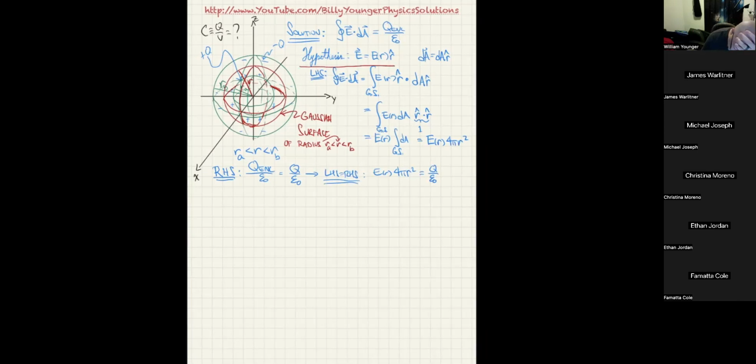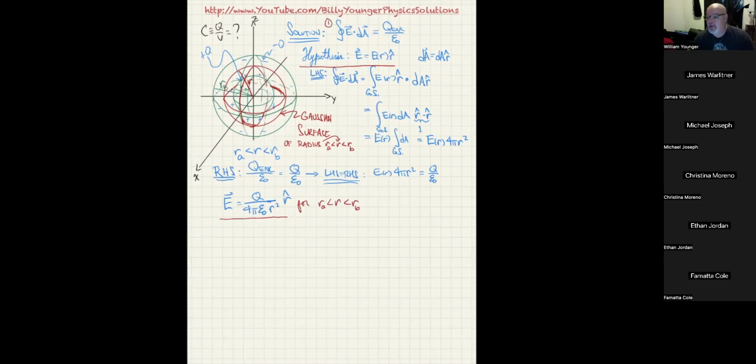I'm going to say E, the vector field, is equal to Q over 4 pi epsilon naught r squared times r hat. And that is, in fact, the electric field for R_A less than r less than R_B. Okay, and that's actually where we needed it. So that was step 1.